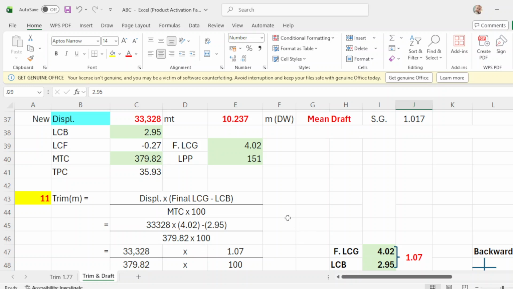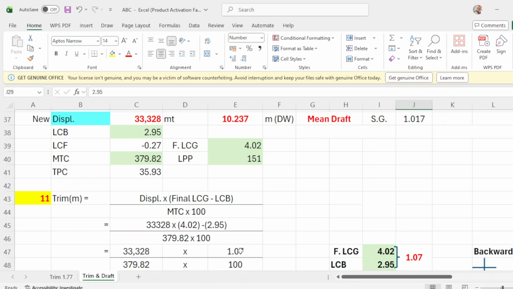First, we subtract final LCG minus LCB. So your final LCG is 4.02 minus your LCB of 2.95. That will be 1.07. Put it here.